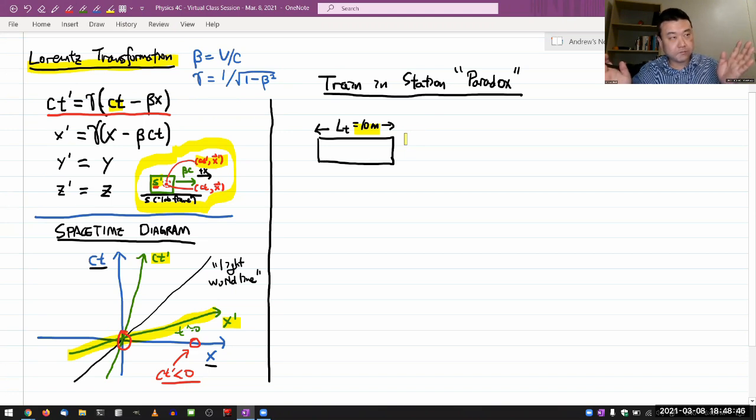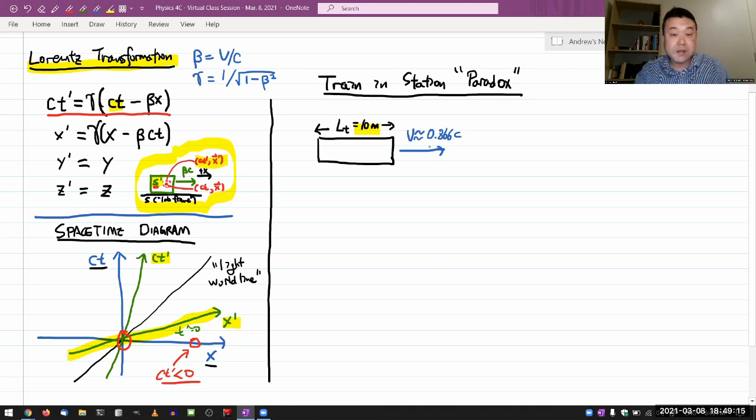It is a really short train, moving at some relativistic speed. Let me make this relativistic speed easy for me. I'm going to say it's 0.866 c. I think it's supposed to be a fraction if it's meant to be exact, but I'll just leave it here.